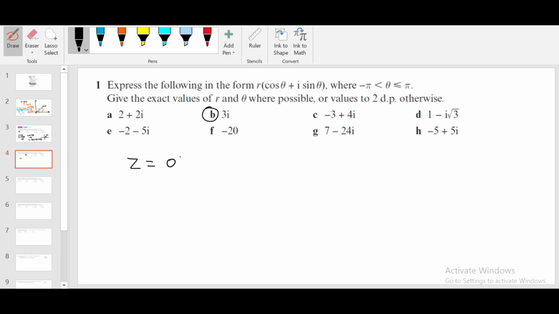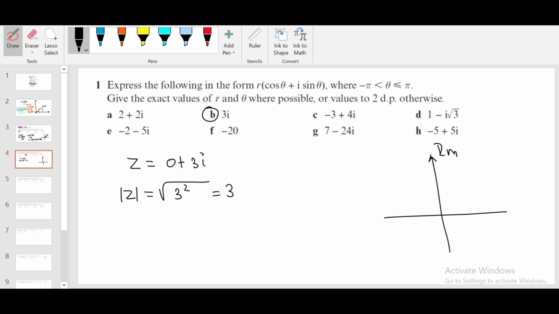Take it as 0 plus 3i. The modulus of z is square root of 0 squared plus 3 squared, which is just 3. And then if you plot the complex number on this Argand diagram, for the 3i, there is no real part, it is 0, so the 3i will be here, 0 comma 3.